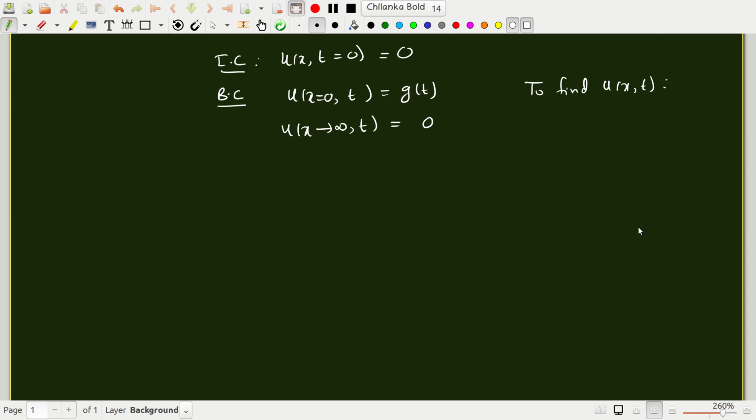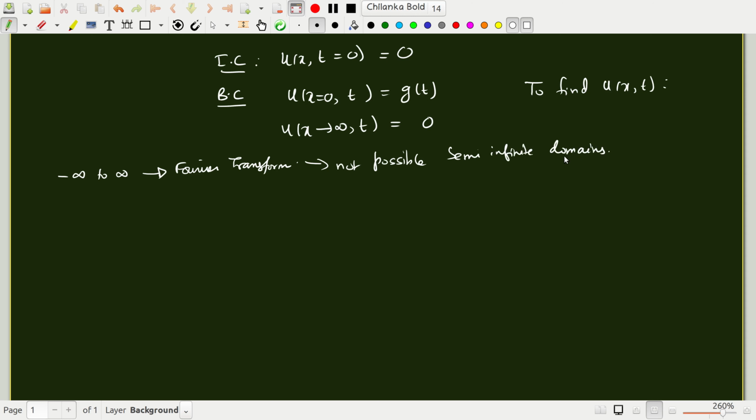Okay, and we know that Fourier transform is defined only for functions in the domain minus infinity to infinity, but here we have a semi-infinite domain from 0 to infinity. So Fourier transform is not possible to use in semi-infinite domains.